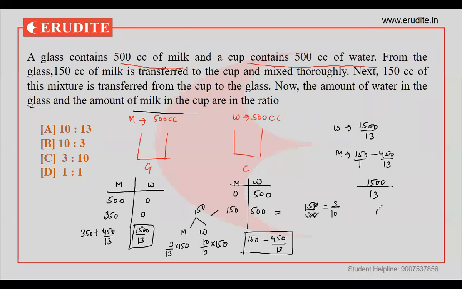The water in the glass is 1500 by 13, and the milk in the cup is 1500 by 13. So the ratio is 1:1. This is our final answer. I hope it is clear to everyone. So D is the correct answer.